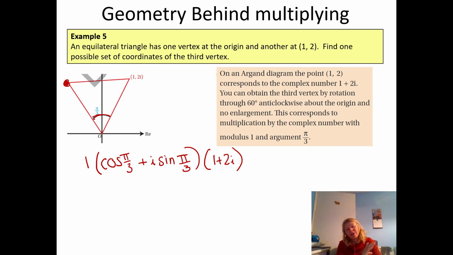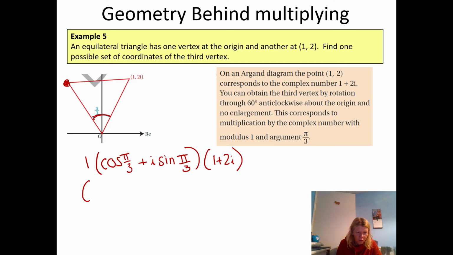If we divide, we rotate it clockwise. But we're timesing, so we're going to rotate it anti-clockwise. We need to change that into Cartesian form first.